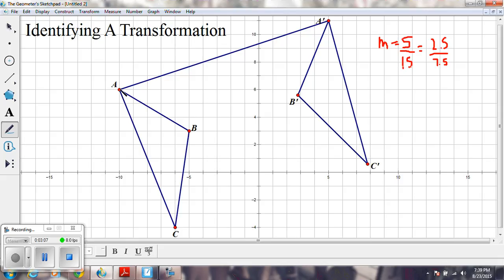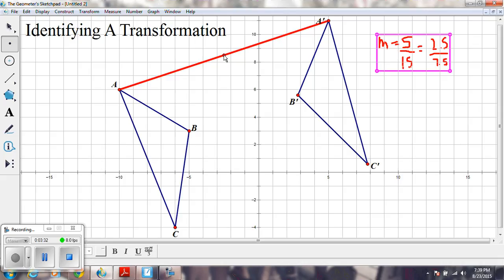So we go up. Let me get my point tool here. 2.5. Right 7.5. Right there on my line.